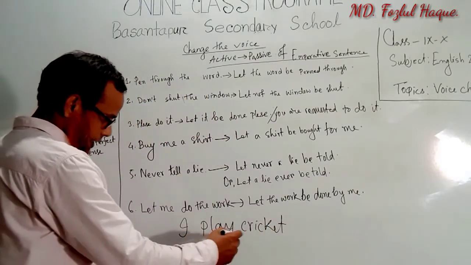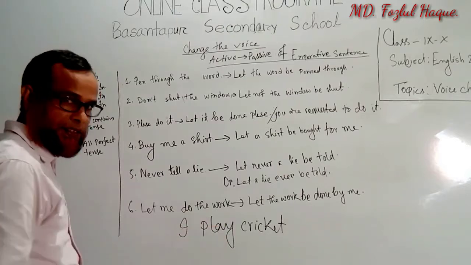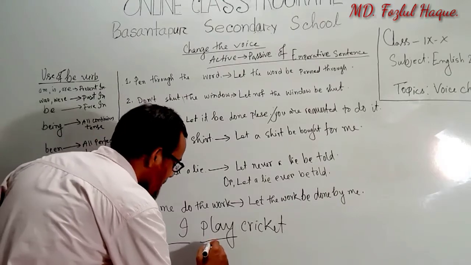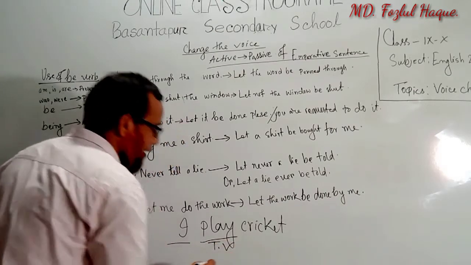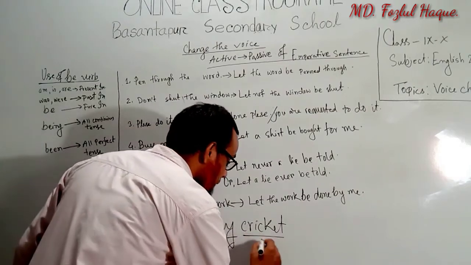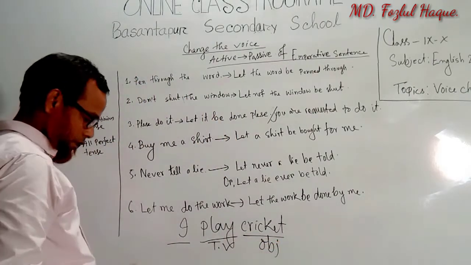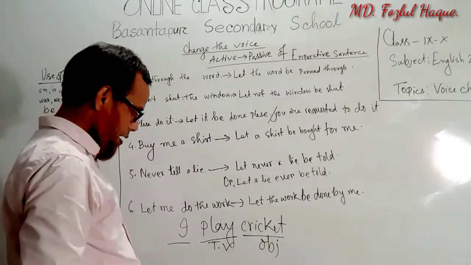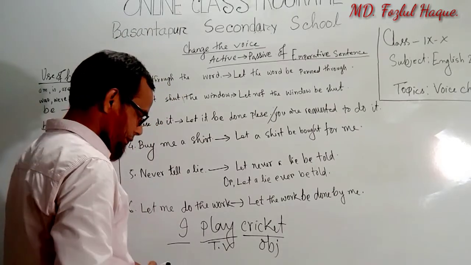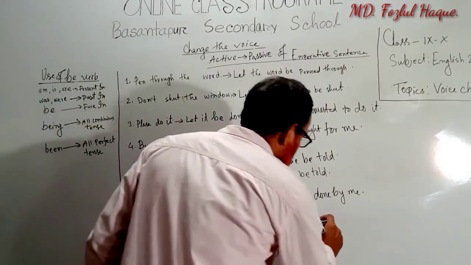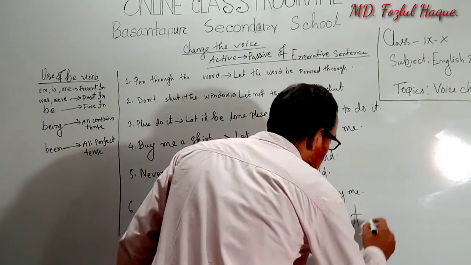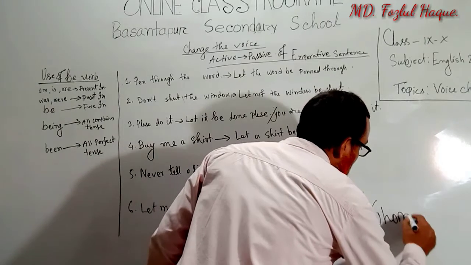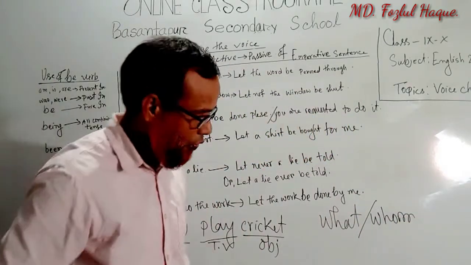This is a sentence: I play cricket. Subject, verb, especially transitive verb, and object. Because I play, what do I play?